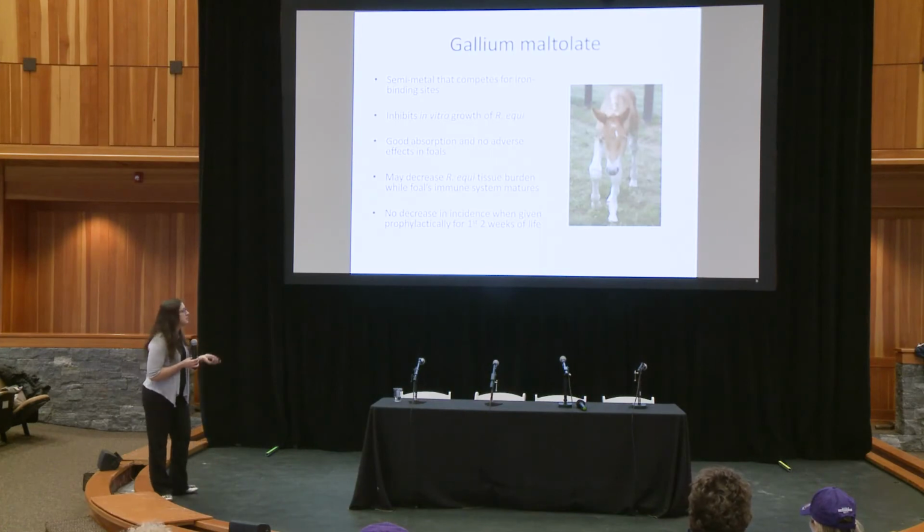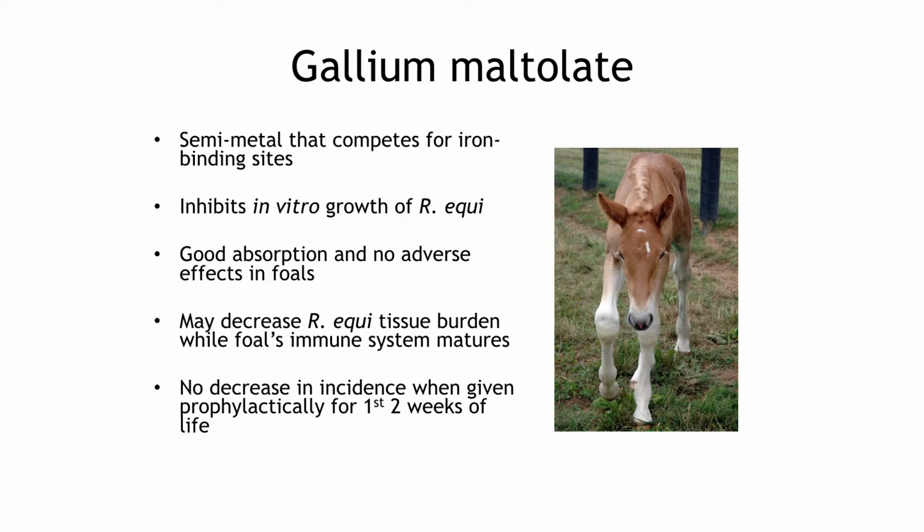I also wanted to mention this really cool compound called gallium. This is a semi-metal that competes for iron binding sites with the bacteria. The organisms need iron to multiply in the foal. This is an oral medication. It's not an antibiotic, and it has been shown to inhibit growth of Rhodococcus equi in a dish.